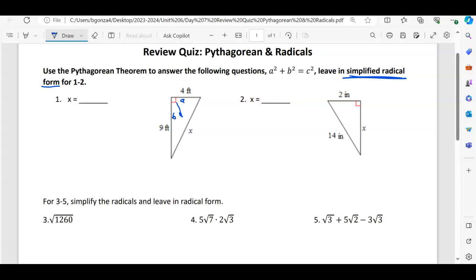Across from 90 is my C. So I'm going to do A squared plus B squared equals C squared. So it's going to be 4 squared plus 9 squared equals x squared.